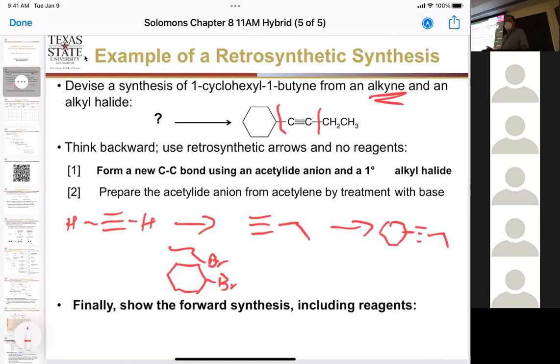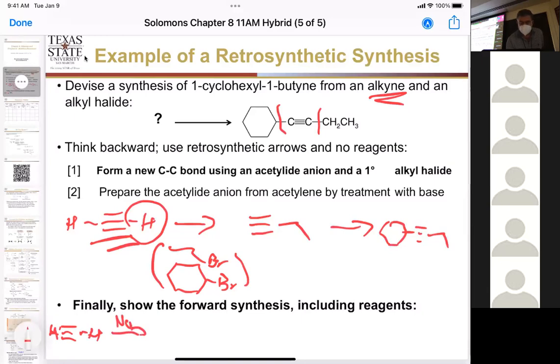So knowing that we have to start with these two materials and this material, and knowing that we can turn this into a nucleophile and do a substitution reaction on each of these, we can start by saying, okay, acetylene right here, and we're going to do sodium amide, NaNH2, right here in our first step, and on our second step, we're going to do ethyl bromide.